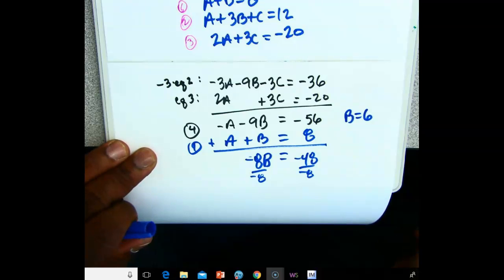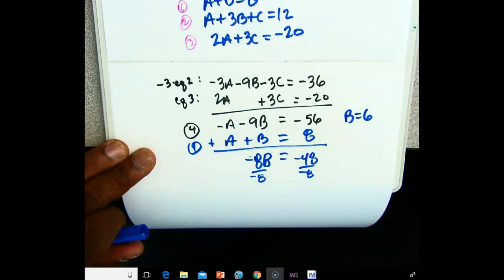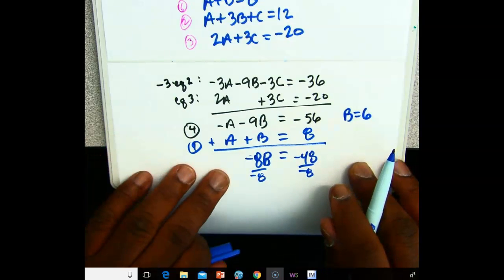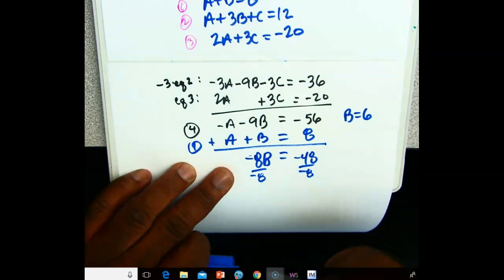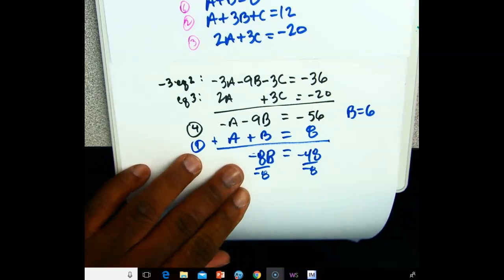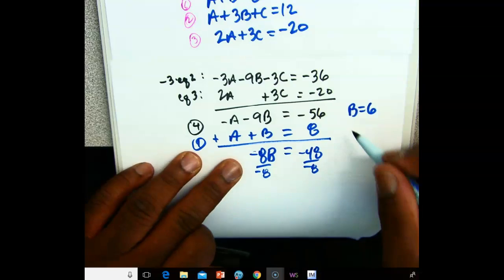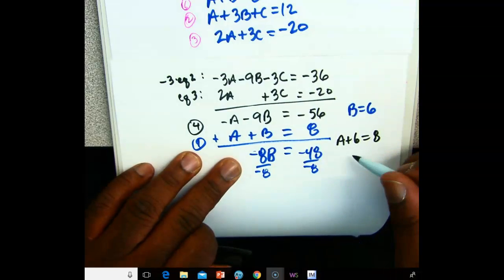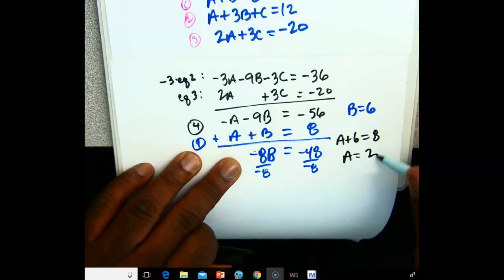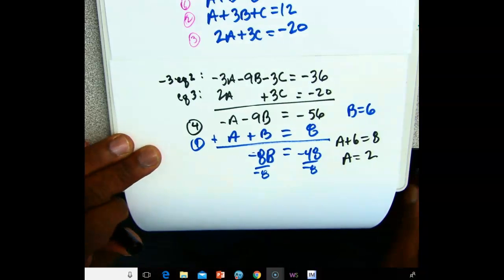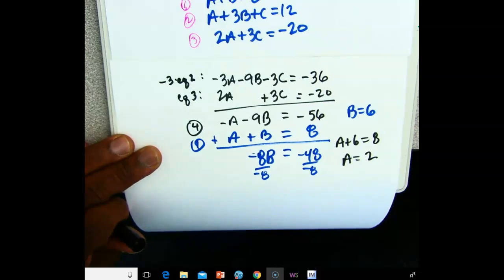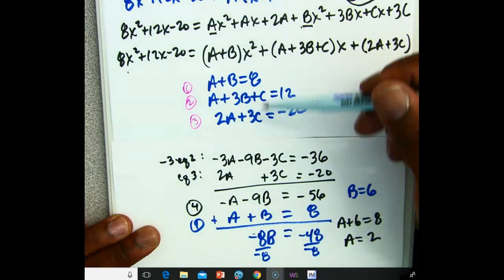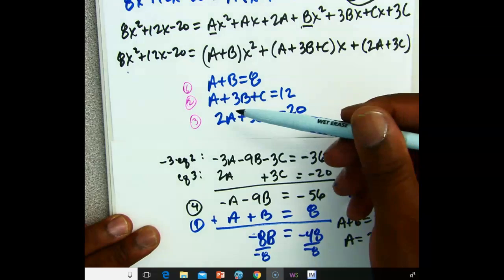Now that we have b is 6, which one would you use, equation 4 or 1, to solve for a? Which one? 1? Okay. So if we use equation 1, then that's a plus 6 is equal to 8. So a is equal to 2. Now all we need to do is solve for c. Here, you can only use equation 2 or 3.